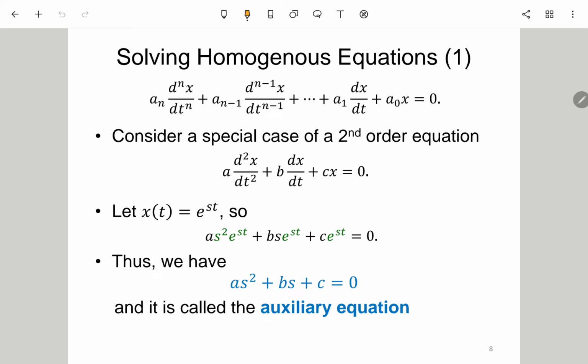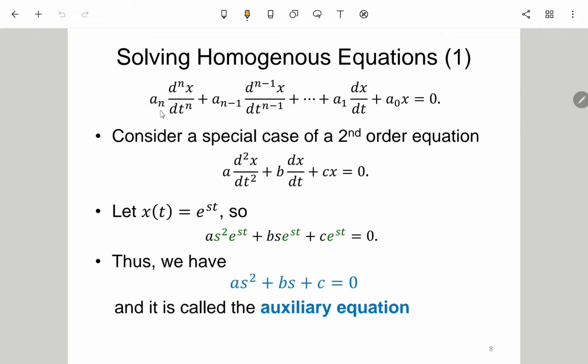But at least you should know how to solve an nth order algebraic equation. So for demonstration, we just show the case of a second order homogeneous equation, and then we turn it into a second order algebraic equation.